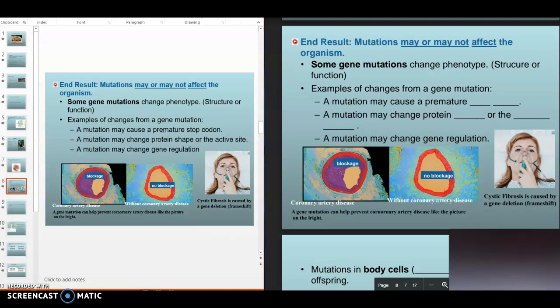On the other hand, you could have a mutation happen and there's a great deal of change. So, such as a mutation may cause premature stop codon. So that would be this first set of blanks here, stop codon. So a stop codon literally means that. It means to stop. So if this is the bases, and say you have 60 bases in here, and from this end is the start, and all over here is stop.